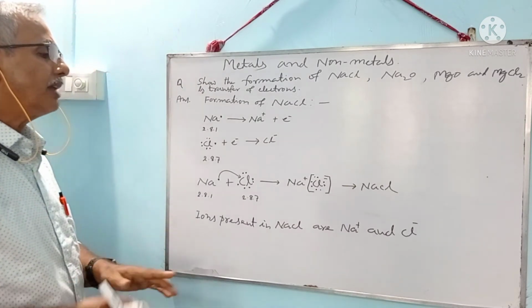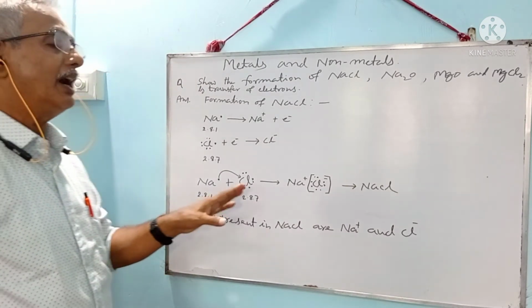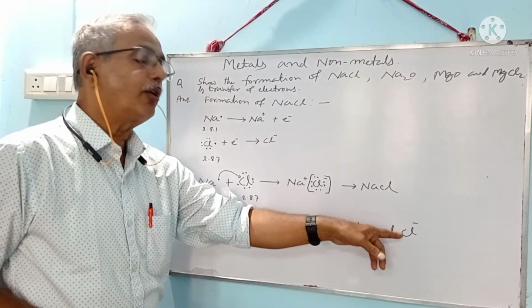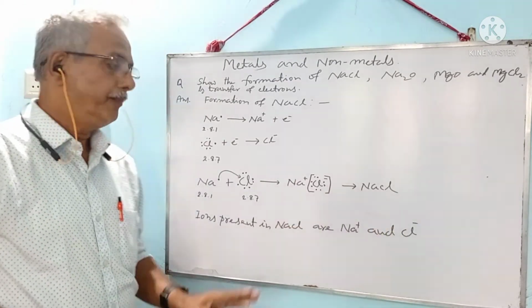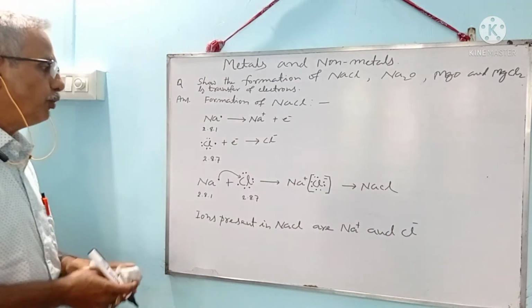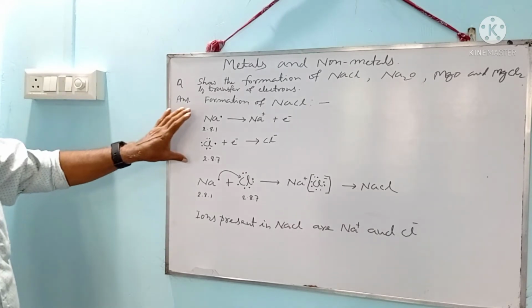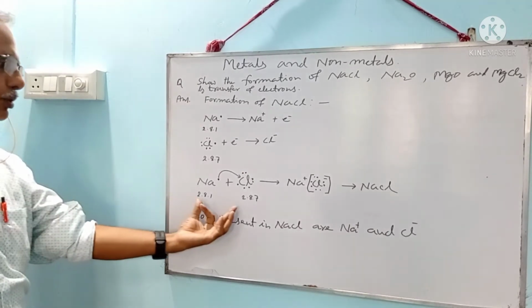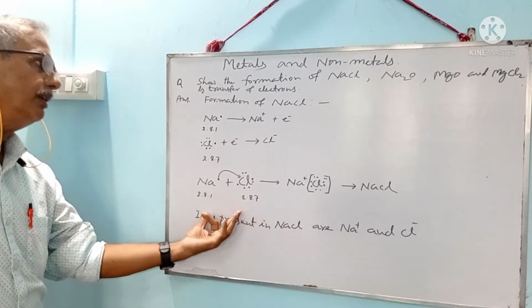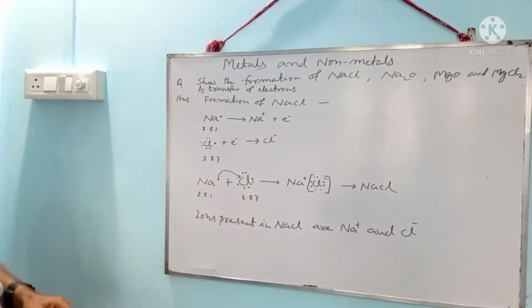Positive ions are called cation and negative ions are called anion. In this way you have seen how it happens. Suppose you are not going to write all of these, at least write the last one, then also it is enough.